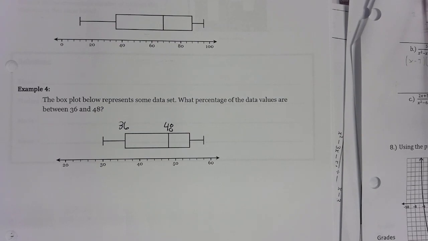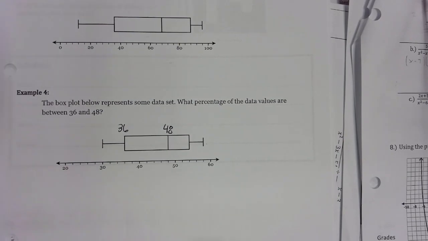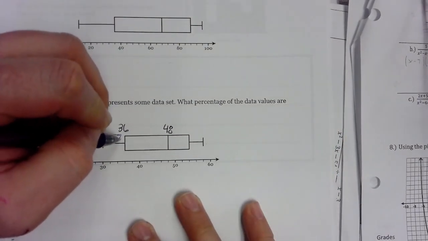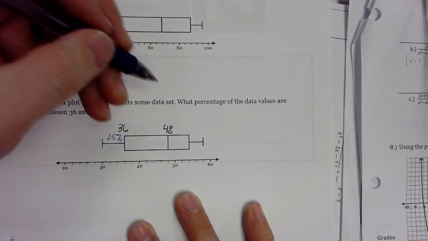Same with this section right here, 25%. 25% on the last part of the box and the last part of the whisker. So Brooklyn, what percent of the data is between these 2 numbers? Just 25%, right? Oh.